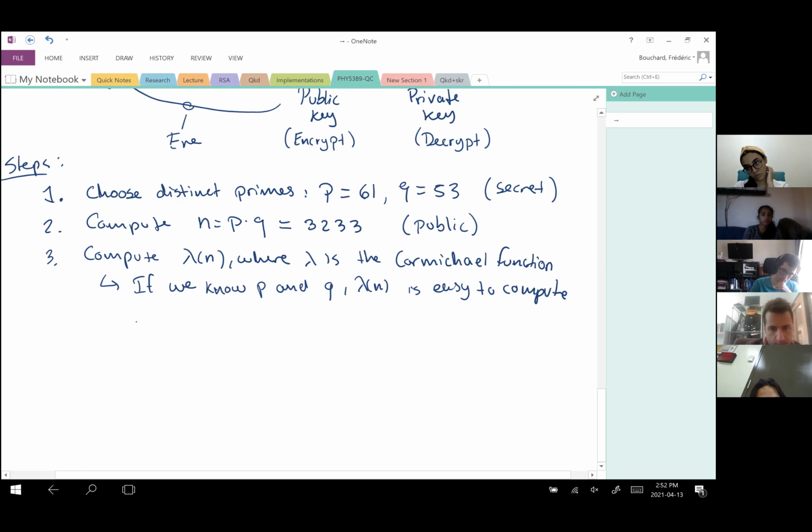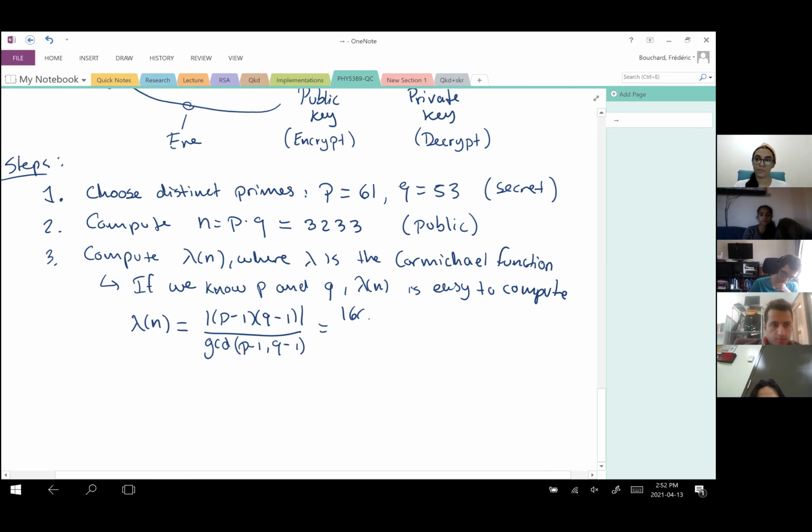Okay, so if you know P and Q, you can actually write this function in terms of P and Q. And just the greatest common divisor of P minus 1, Q minus 1. Okay, so this is how the function looks like. If you don't know P and Q, then this is really hard to calculate.